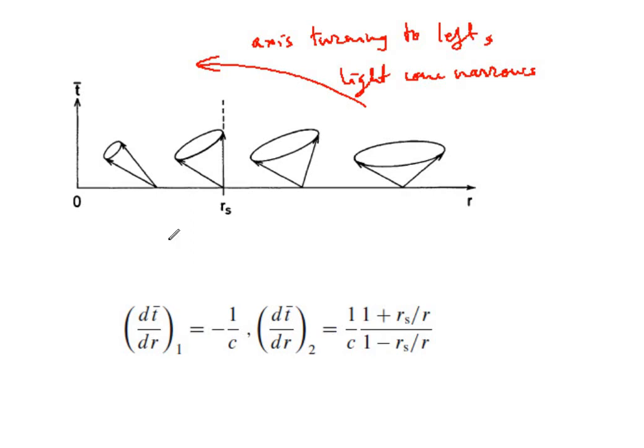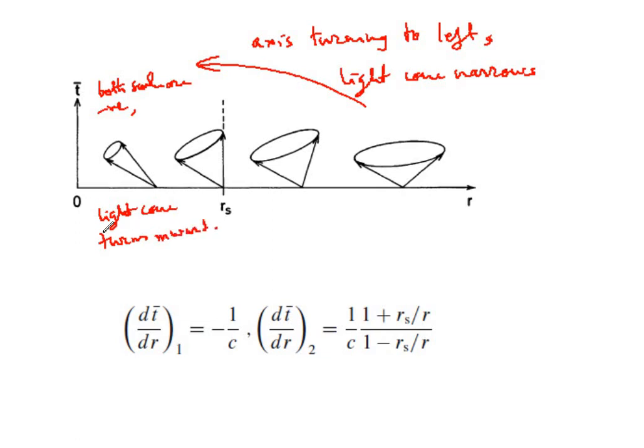Understand? Now for r less than rs, in this region, both solutions are negative, and the whole light cone turns inward.